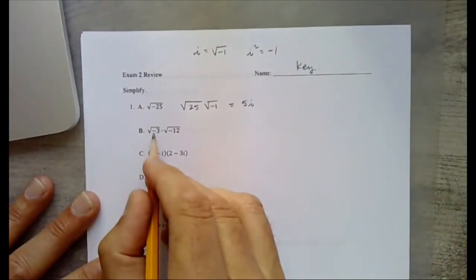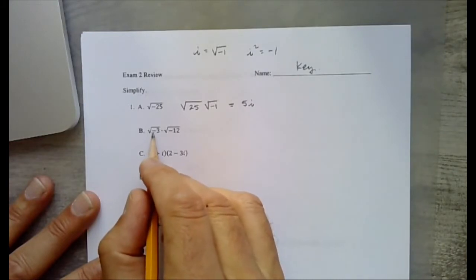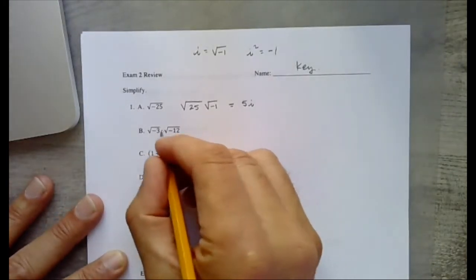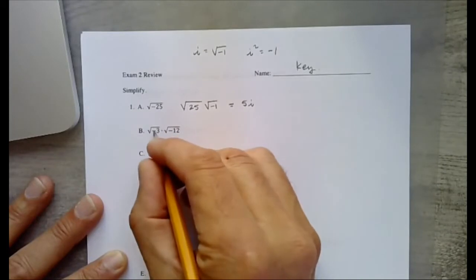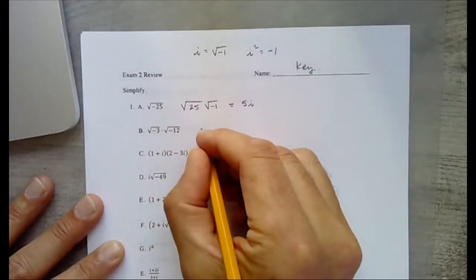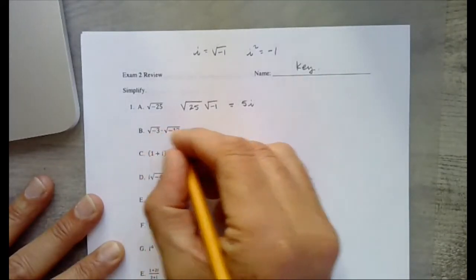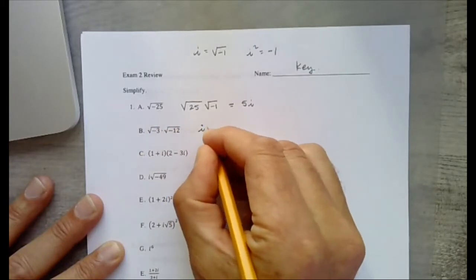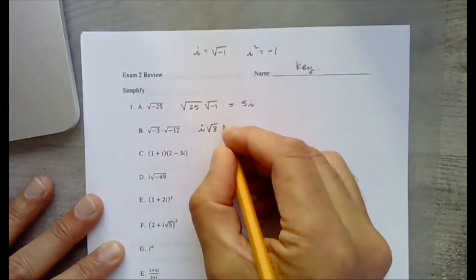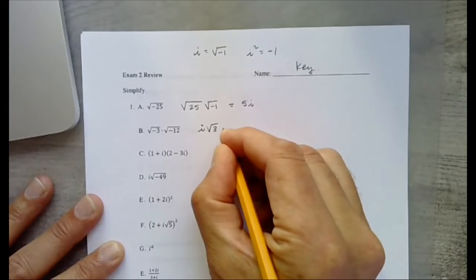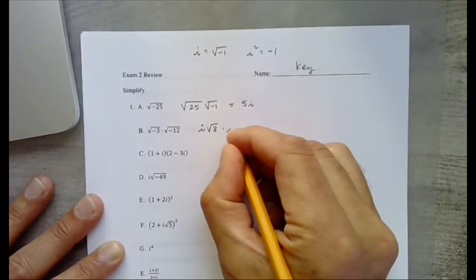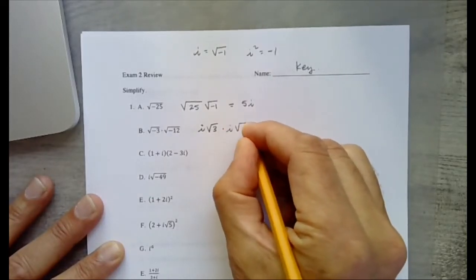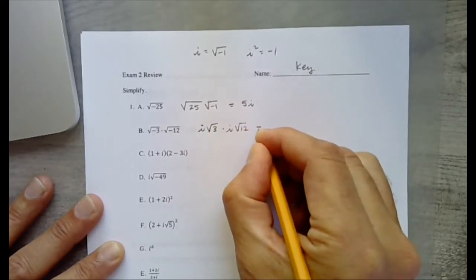Okay, and then for this next one, I can rewrite each one of these. The square root of negative 3 could be written as i times the square root of 3. Then we can multiply that by i times the square root of 12.